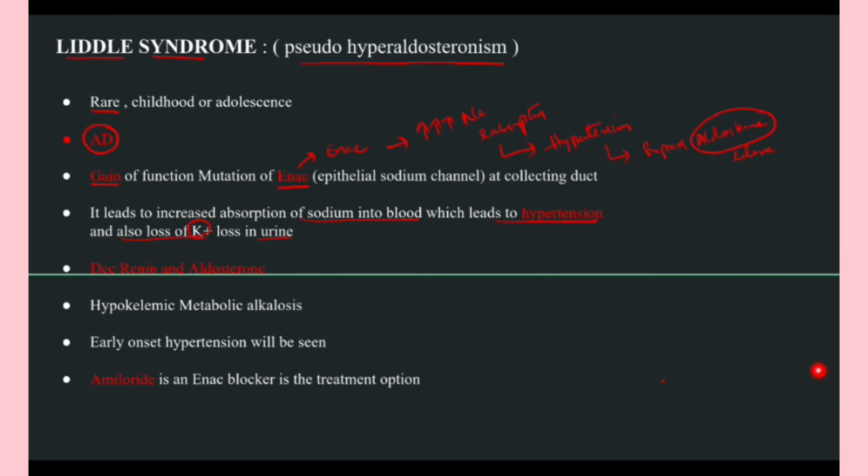So it leads to hypokalemia. Hypokalemic metabolic alkalosis is common in all three. The significant feature is early onset hypertension, and amiloride, an ENaC blocker, is the treatment option for Liddle syndrome.